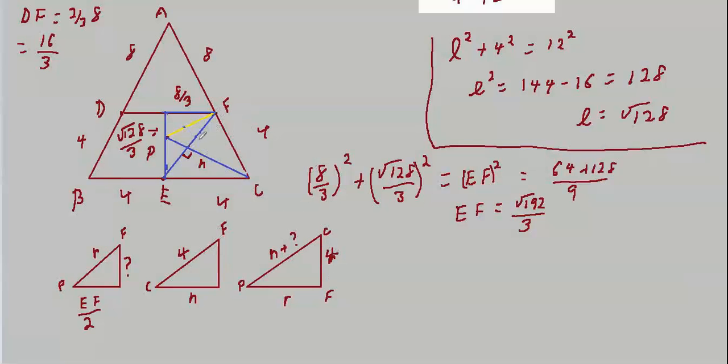Now that we've cut this, FC is now the hypotenuse. It's up here. We have this side here. This is N. And then this, which of course is the same as this, EF over 2.